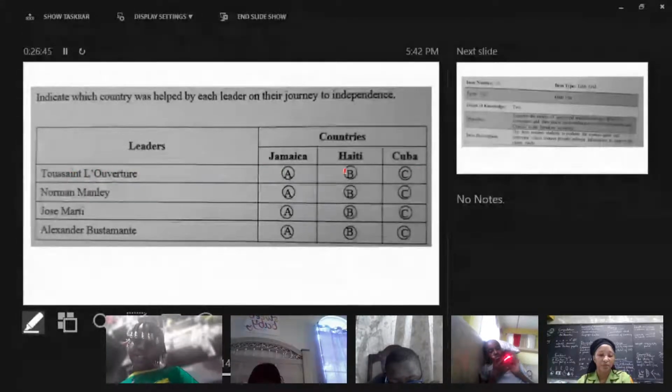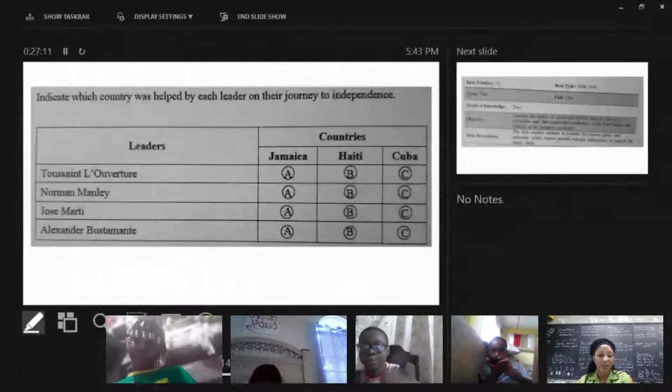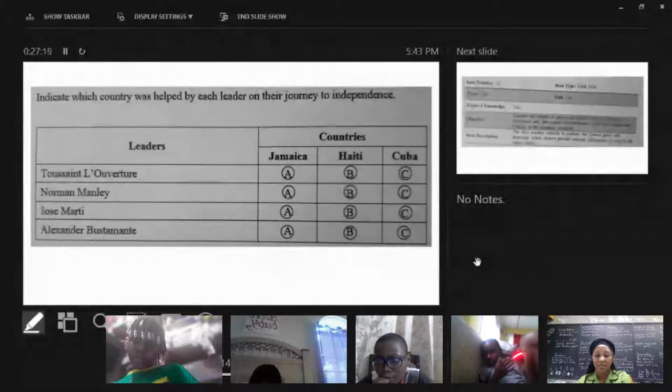All right, so countries. Jamaica, Haiti, Cuba. Where was Toussaint Louverture from? Toussaint was associated with the Haitian Revolution.